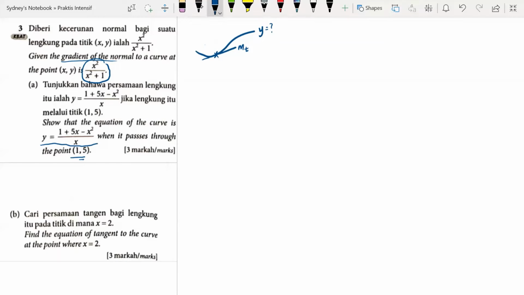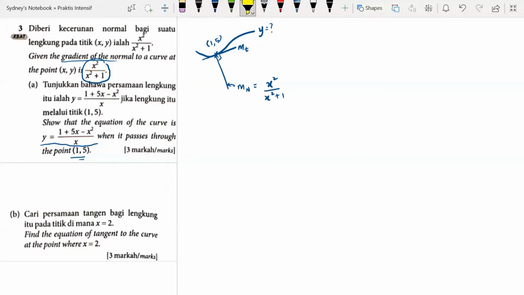So let's put down 1, 5. And then we have the gradient of the normal, which is x squared over x squared plus 1.